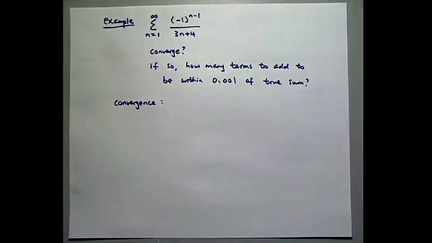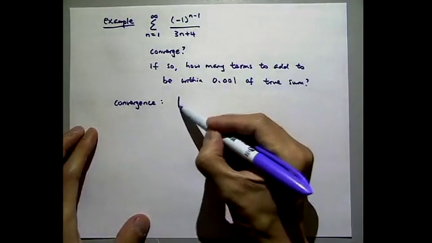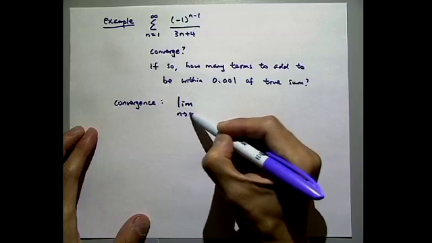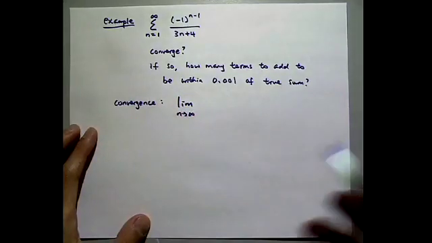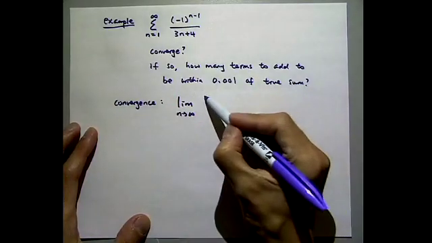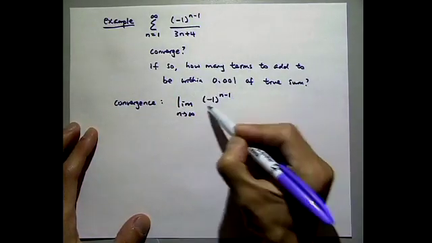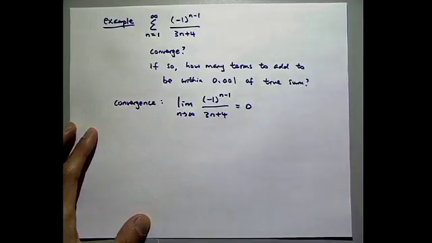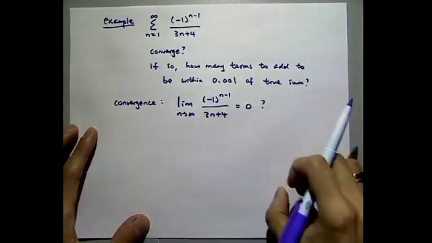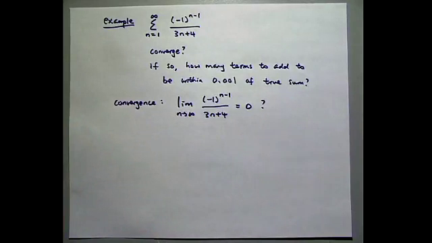What's the first test we always use? Right. And the nice thing about that is that we're going to do this anyway for alternating series, right? So let's get it out of the way. So is that true? Yes? Yeah.